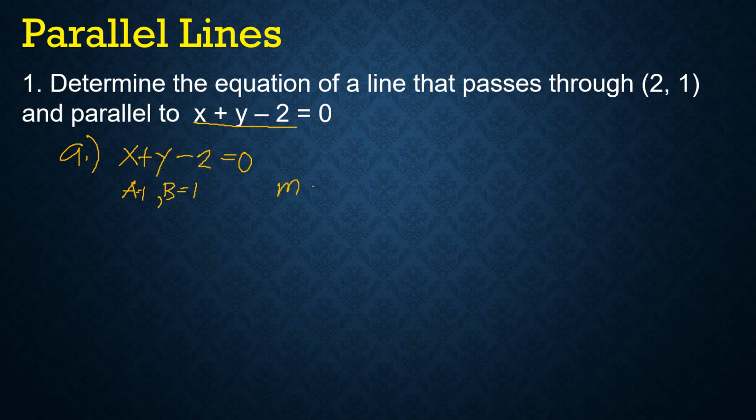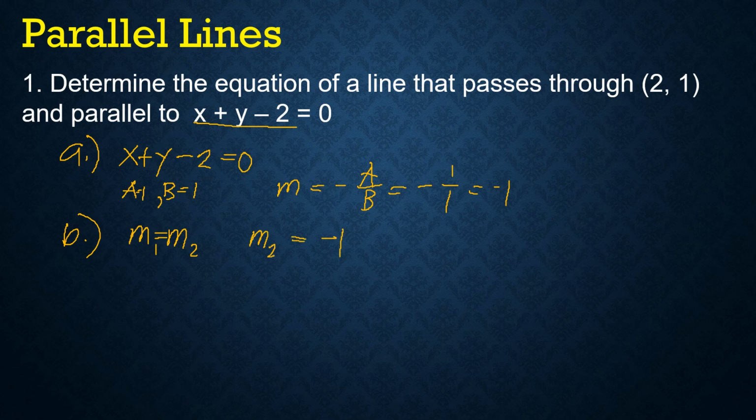So the slope of this line, using the formula, is obviously negative 1. Since m sub 1 must be equal to m sub 2, therefore m sub 2 must also be negative 1, because we're referring to parallel lines.